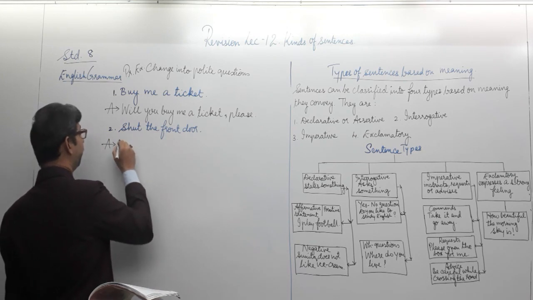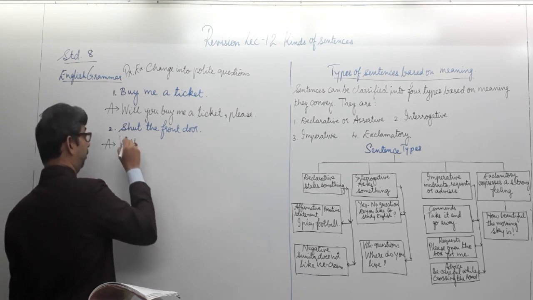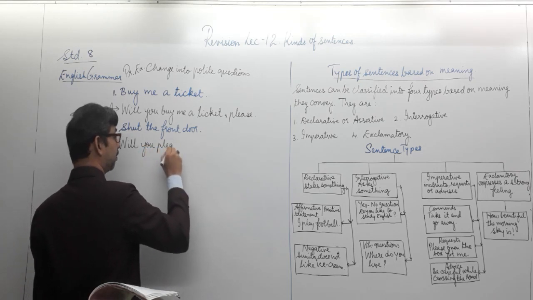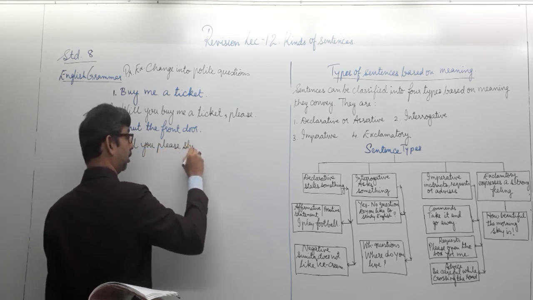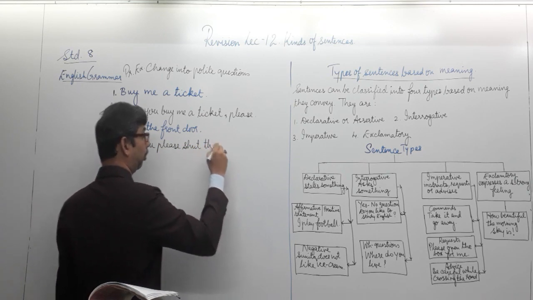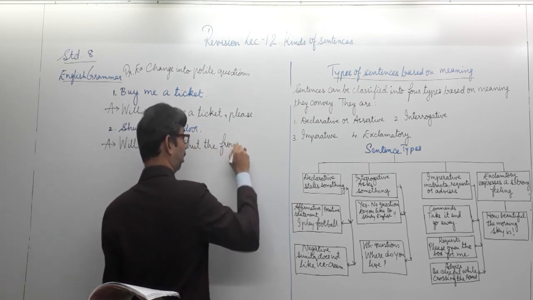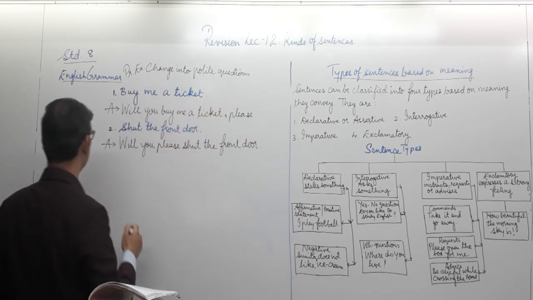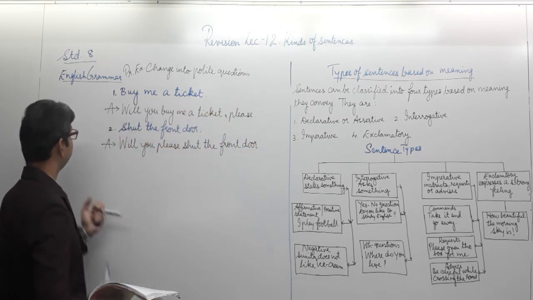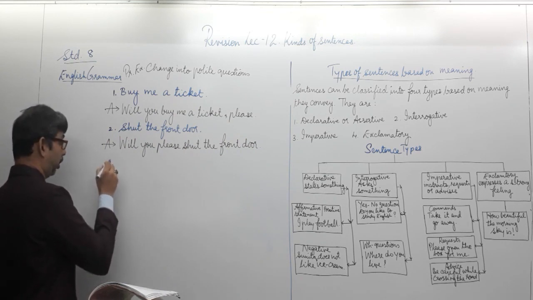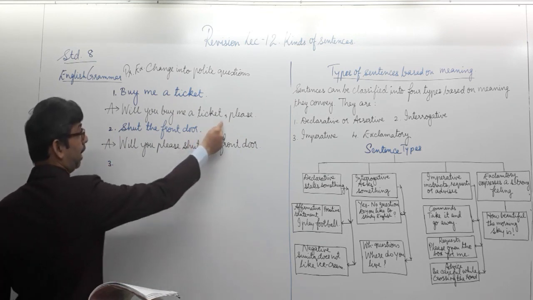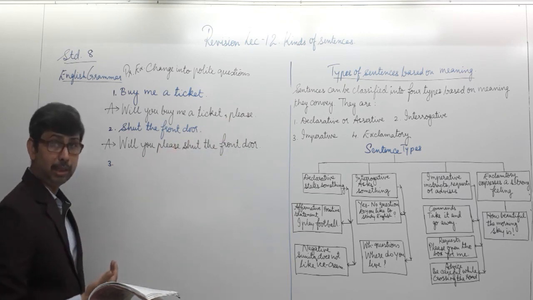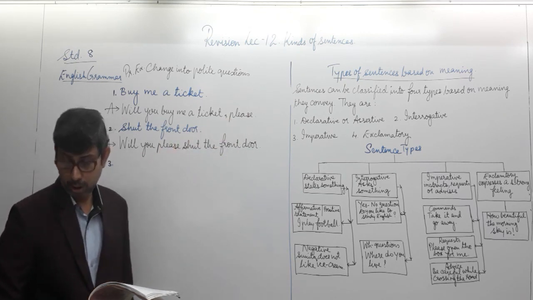Well, this time writing please within the sentence. Will you please shut the front door? So, one type of each I have taken for your understanding, where you can write the word please after applying a comma at the end or in the middle of a sentence. Both the ways can be utilized.